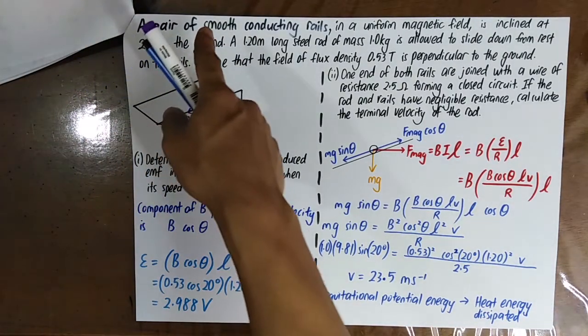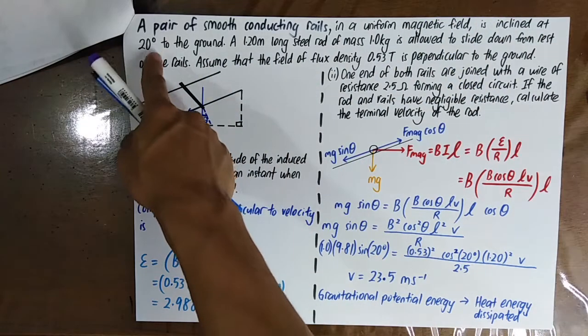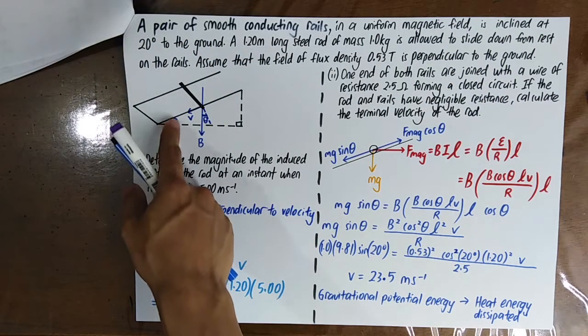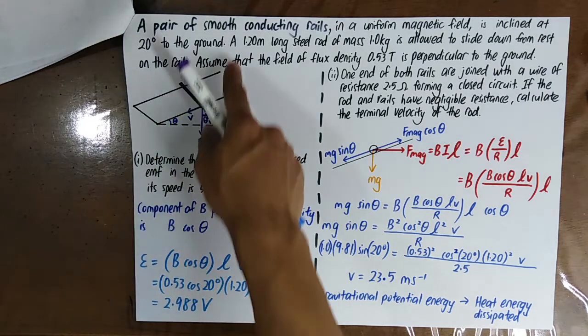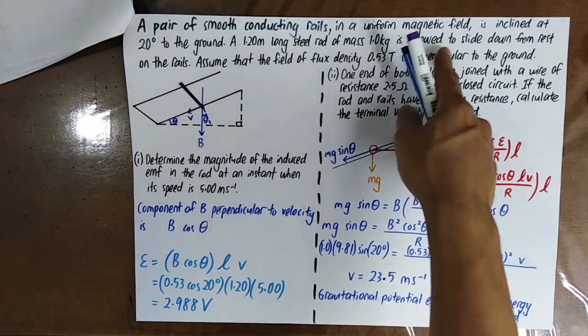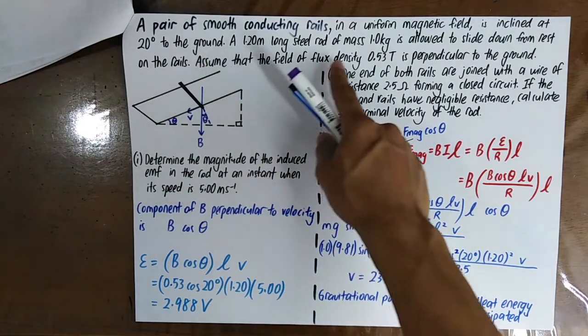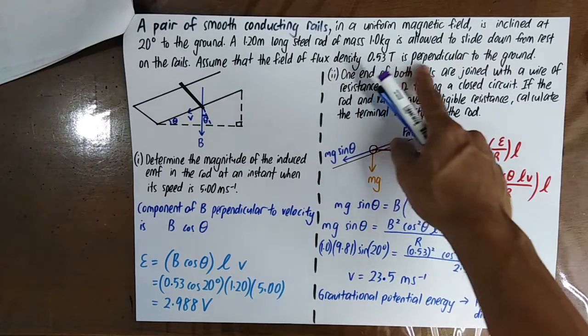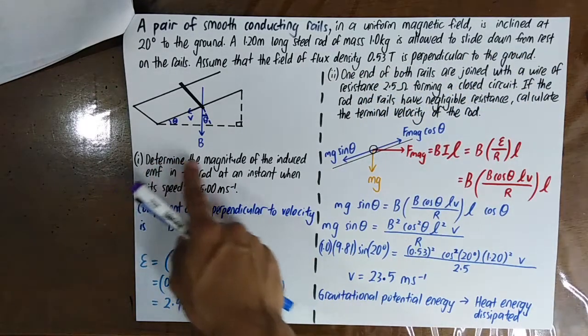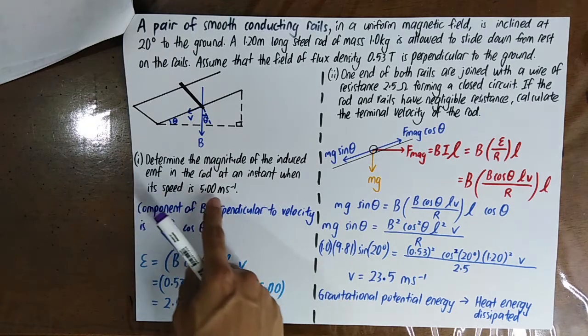A pair of smooth conducting rails in a uniform magnetic field is inclined at 20 degrees to the ground. Okay, so you know that the theta here is 20 degrees. A 1.2 meter long steel rod of mass 1 kilogram is allowed to slide down from rest on the rails. Assume that the field of flux density 0.53 Tesla is perpendicular to the ground. Please determine the magnitude of the induced EMF in the rod at an instant when its speed is 5 meters per second.